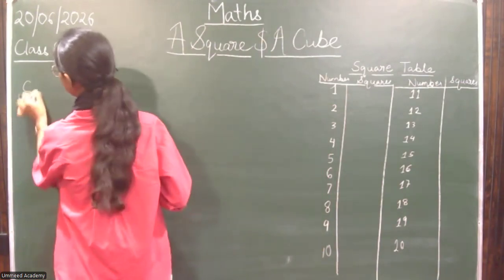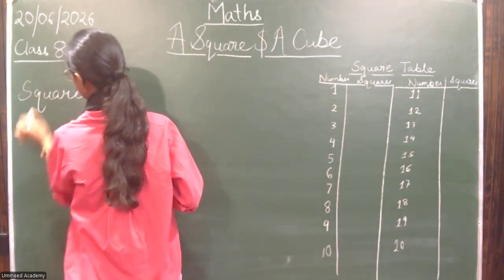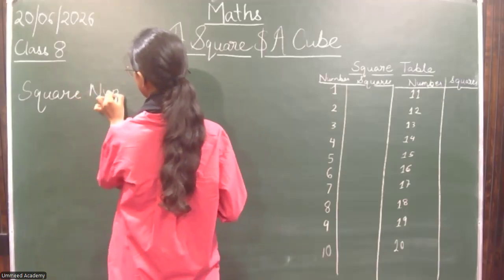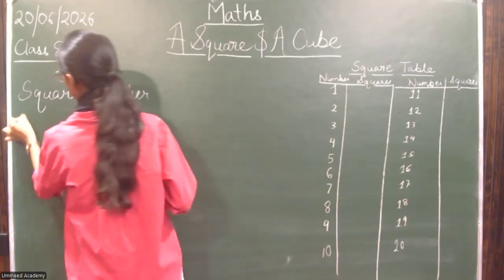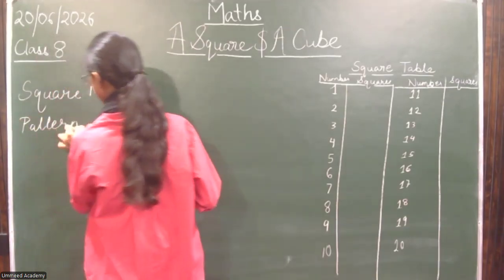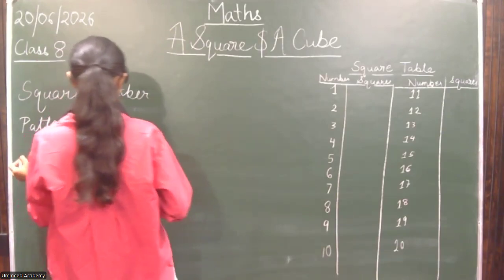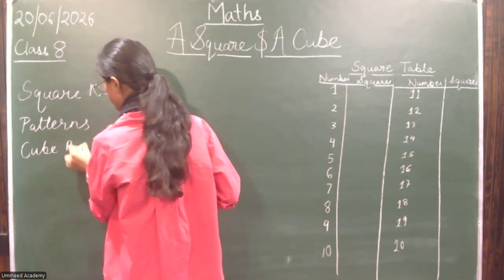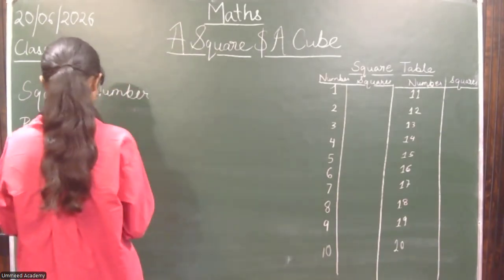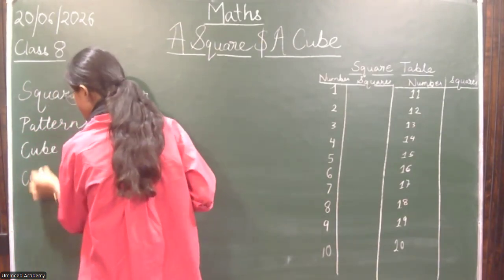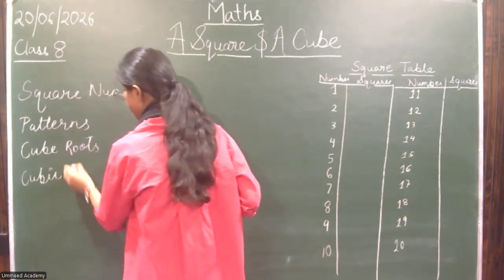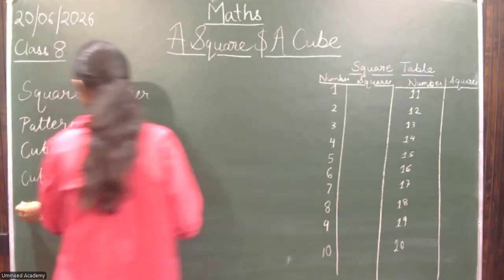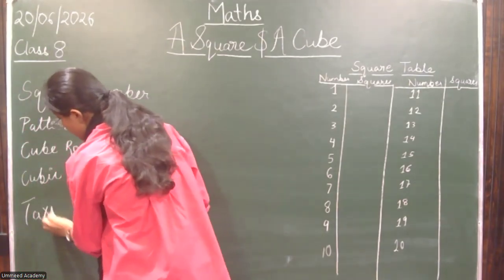To start with, I will be telling you what all will be included: the squares, square numbers basically, some patterns, cube roots, cubic numbers, and some extra information on taxi cab numbers.